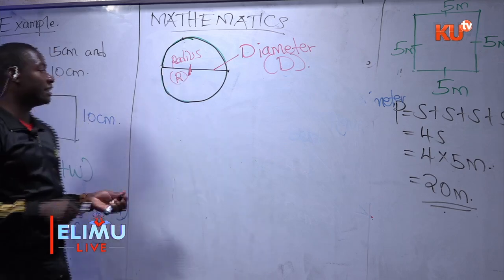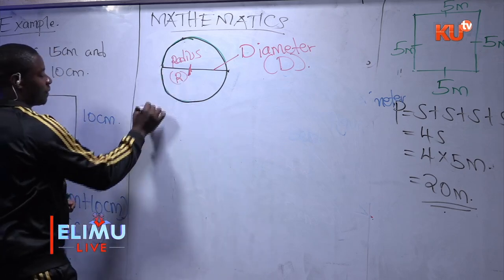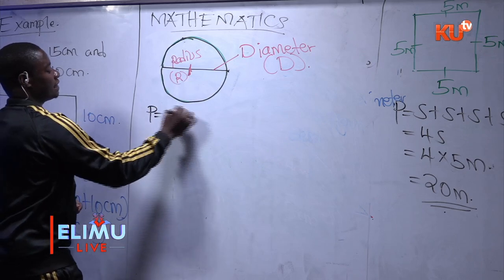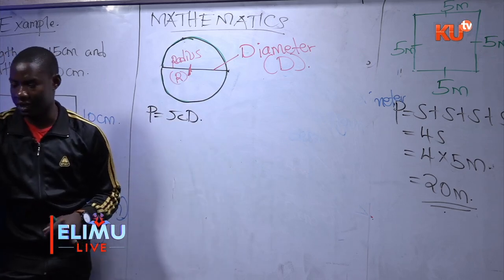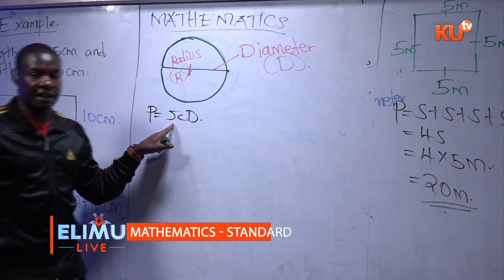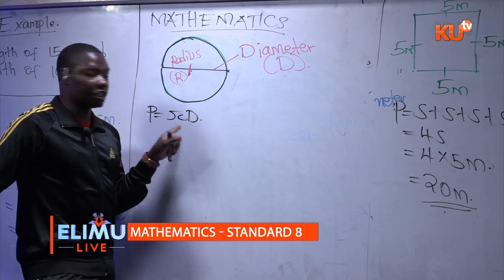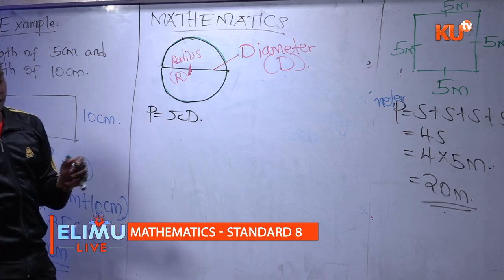So the formula for finding the perimeter of a circle is pi d. Pi is always given, which is always 22/7.